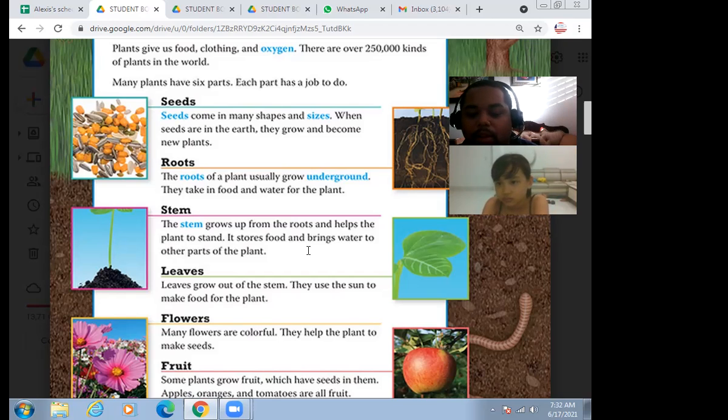There are some roots that grow above ground, but the majority of roots grow underground. Okay, something else I would like to ask you, Bonnie. What about the stem?